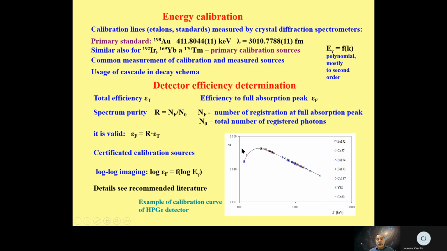This is one of our germanium detectors, and here it's possible to see the efficiency measured by these calibration sources. For description, it is possible to use a log function: the logarithm of this efficiency is a function of the logarithm of energy. Here you see that you also have a logarithmic scale.